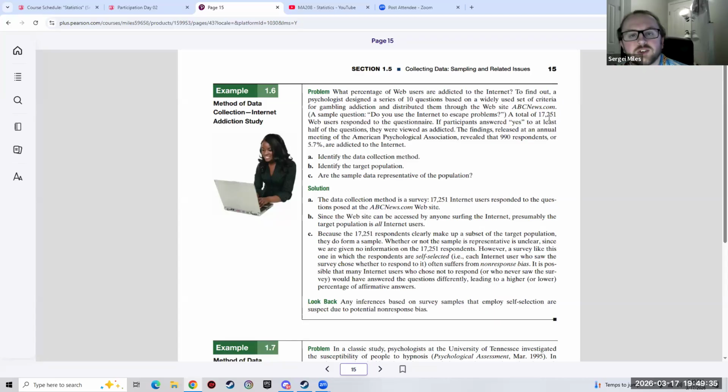These are only internet users who see a survey on a website and they're like, yeah, I want to respond to that, which a lot of people don't want to, right? Or wouldn't answer a survey on the internet. That's not always something we want to do. It depends on how interested you are in the survey. So this is target population.